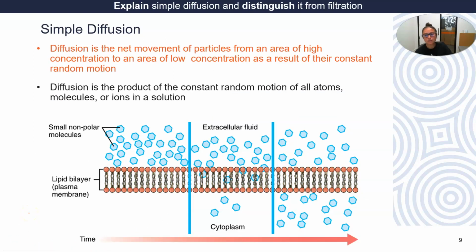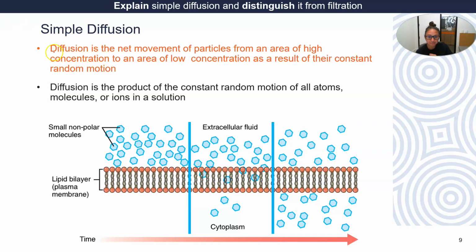So what is this movement of molecules called? This is another beautiful fact of life. Molecules move around all the time. And how they move is they move from an area of high concentration to low. And that is the definition of diffusion.